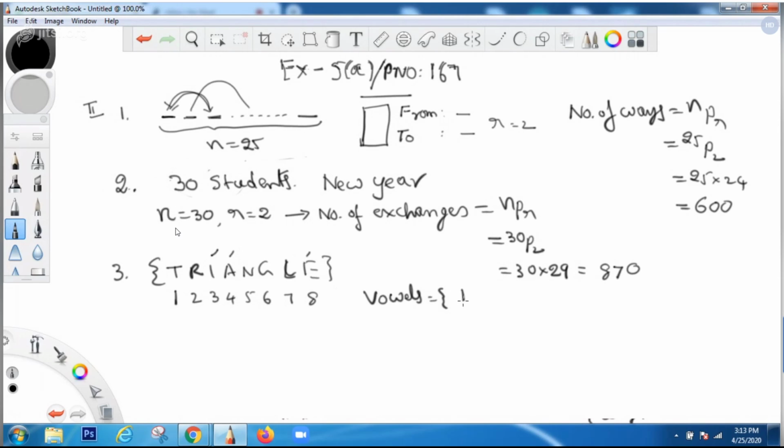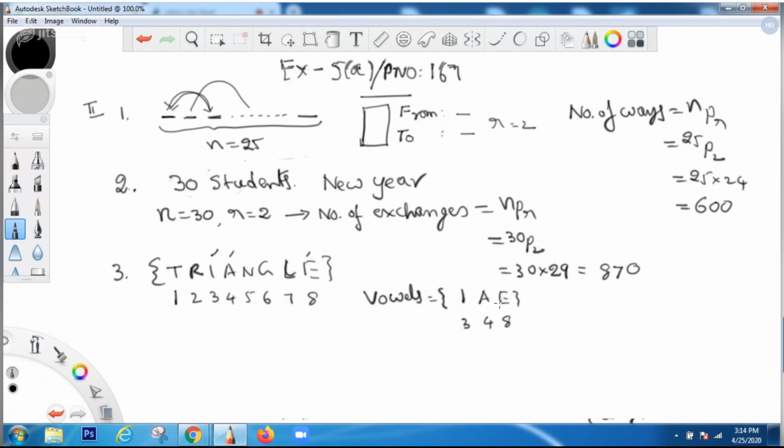I, A, E. I is in the third place, A is in the fourth place, E is in the eighth place. So I, A, E are in the third, fourth, and eighth places. These three vowels must be in their respective places only.